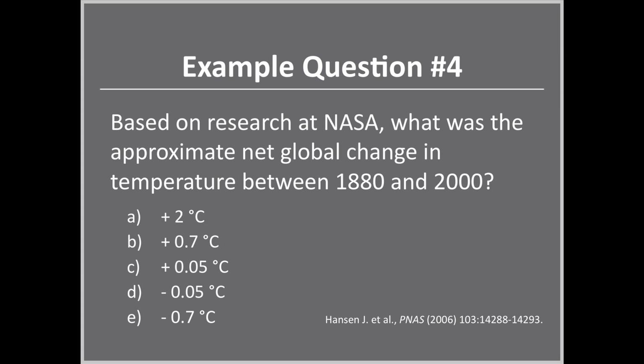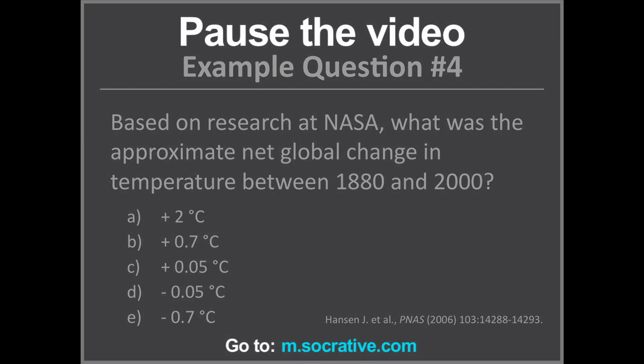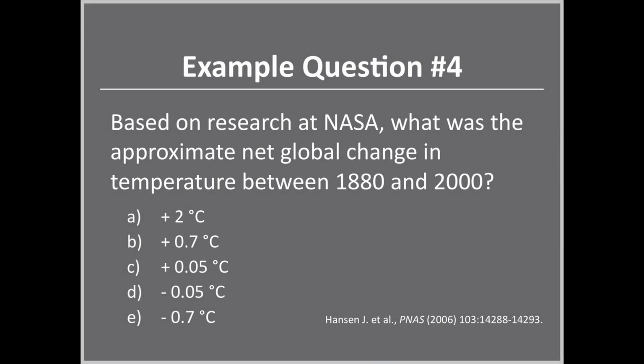Think about the answer to the question on your own, and then use the online system to record your answer. Pause the video here while you answer the question. The correct answer to this question is B, plus 0.7 degrees.